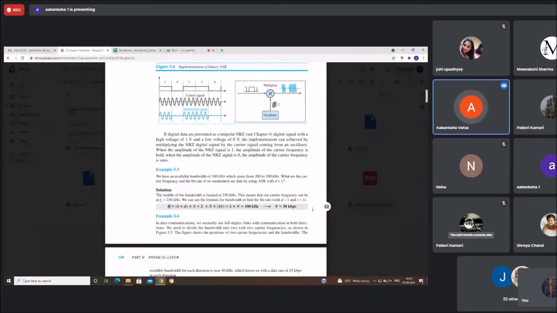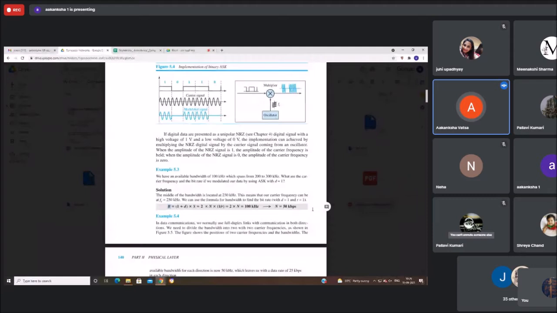Now, example 5.4, in data communications, we normally use full duplex links with communication in both the directions. So we need to divide the bandwidth into two with two carrier frequencies as shown in the figure 5.5. We don't have to send the data only from one computer to the other one. Suppose I am communicating with my friend, and I need to send the email, and I have to receive the data simultaneously.